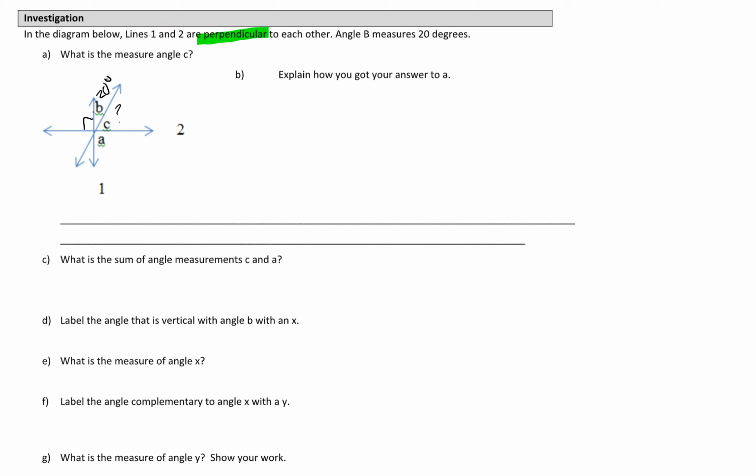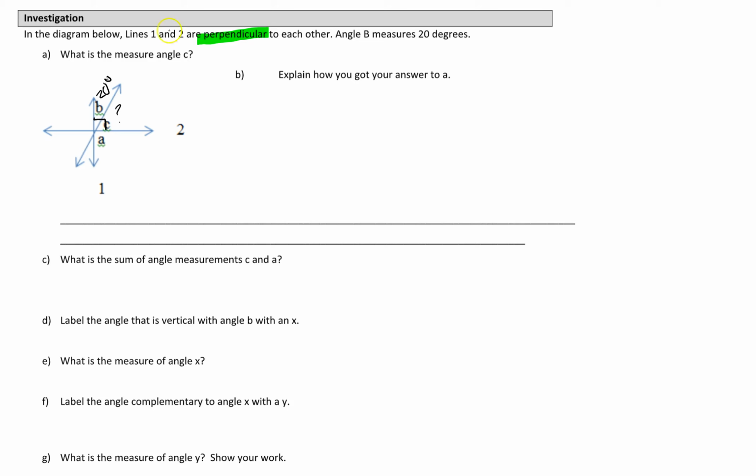So we know that we have two perpendicular lines, so all of these are 90 degrees. So where I drew this first little box for 90, I could have drawn this anywhere because all of these are 90. Right now though, since I'm looking at angle B, I'm going to just leave one little box. Now, what this tells me is that angles B and C are complementary because I know that those make 90 degrees.